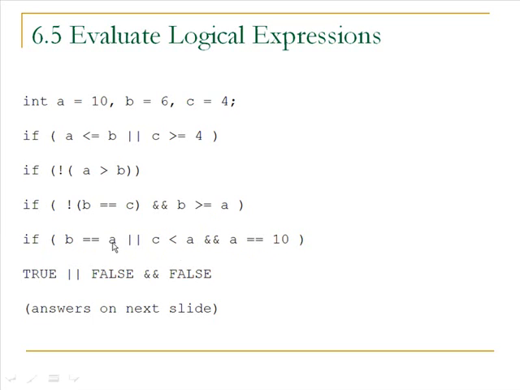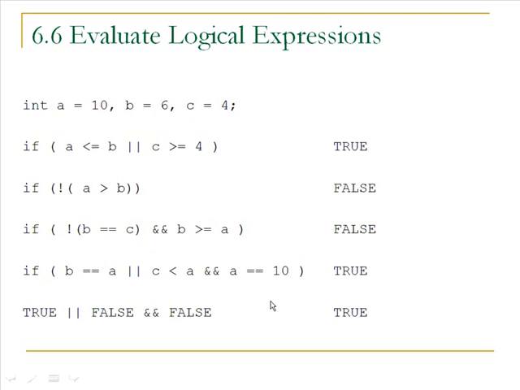So we're going to do the relationals first, then the and, then the or. So here are the answers for these ones. I would encourage you to go through these on paper and make sure that you're getting the same answers as what I'm showing here on the slides.